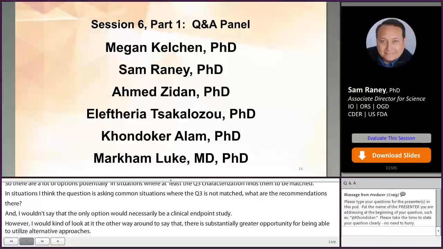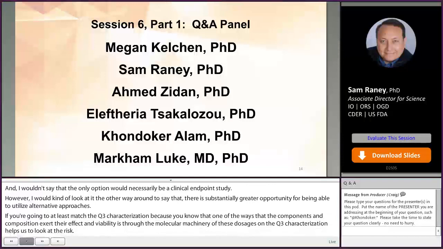The Q3 characterization helps us to mitigate the risk thereby of those failure modes. And so I think that's the encouraged road forward, but it doesn't mean that if there is a small difference in rheology that's outside the range characterized for the reference product, that the only option would be a clinical endpoint study. No, I would say not necessarily.